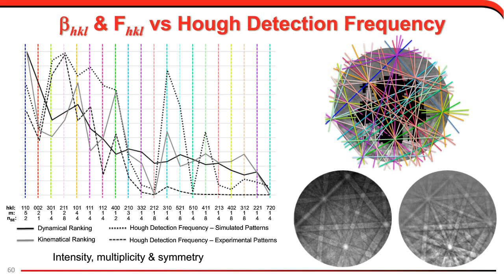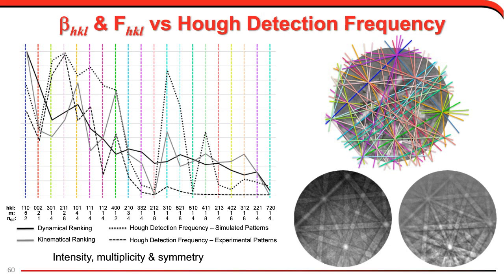And so you can see everything tends to follow. There is a funny one at 310 where the Hough finds something that's very strong that the others don't find, and I'm still struggling trying to figure that one out, but just to show you the results there, in general things do go the way we expect.